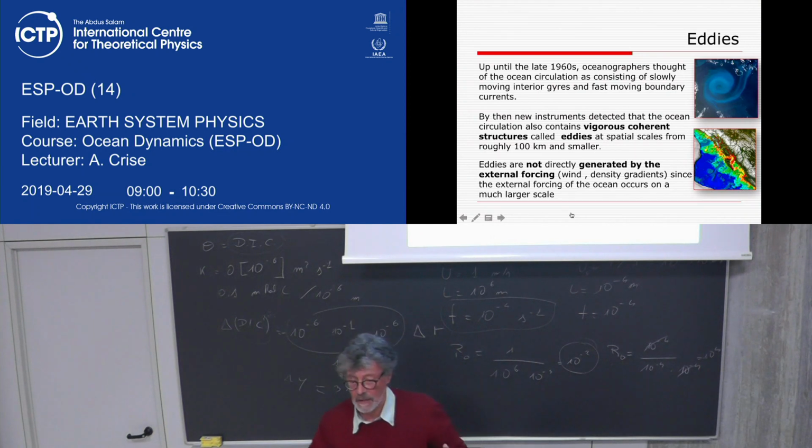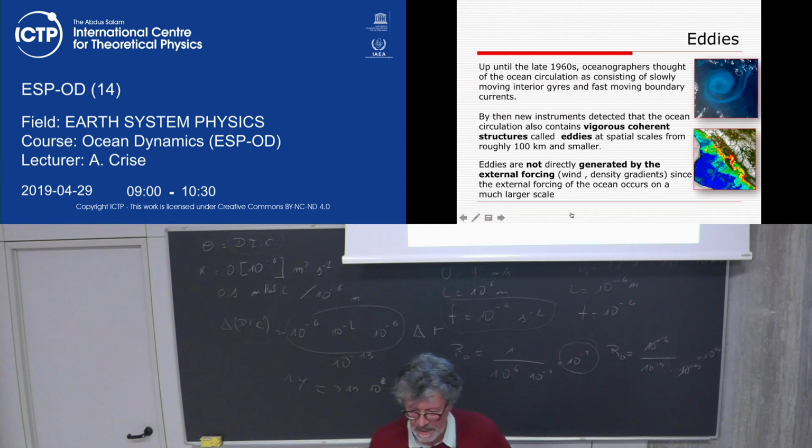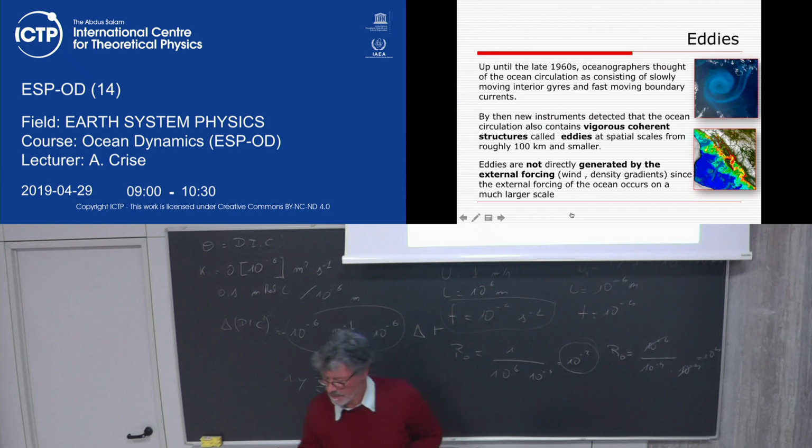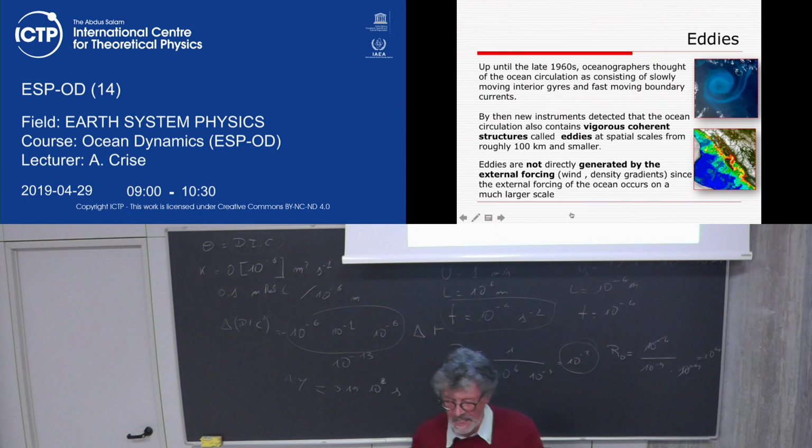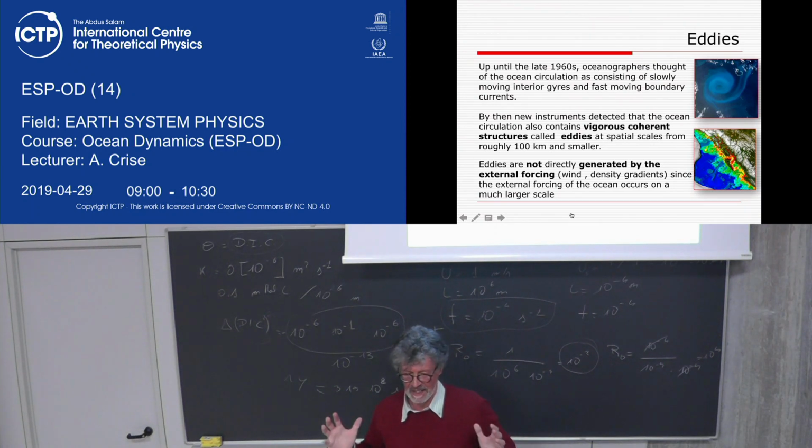So even very primitive techniques and the expertise of fishermen or the sailors and a limited number of observations and very good thinking that was typical of the pioneers of oceanography, they were able to understand quite nicely what is the general circulation.